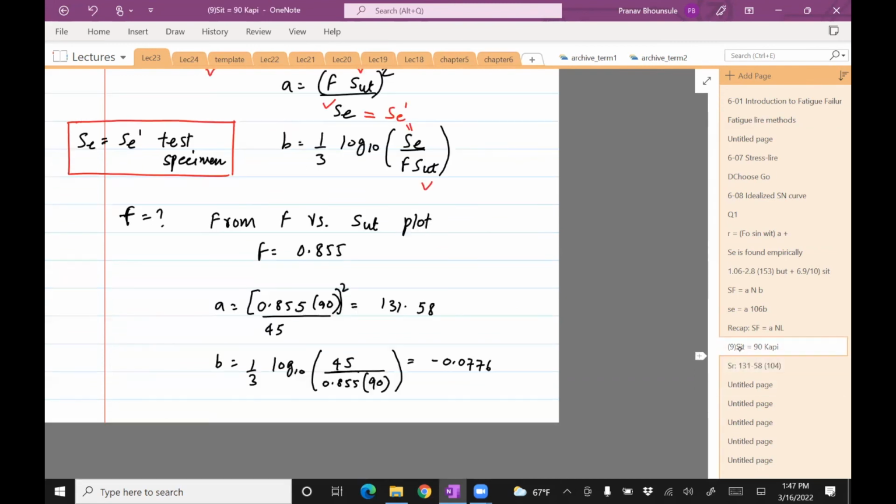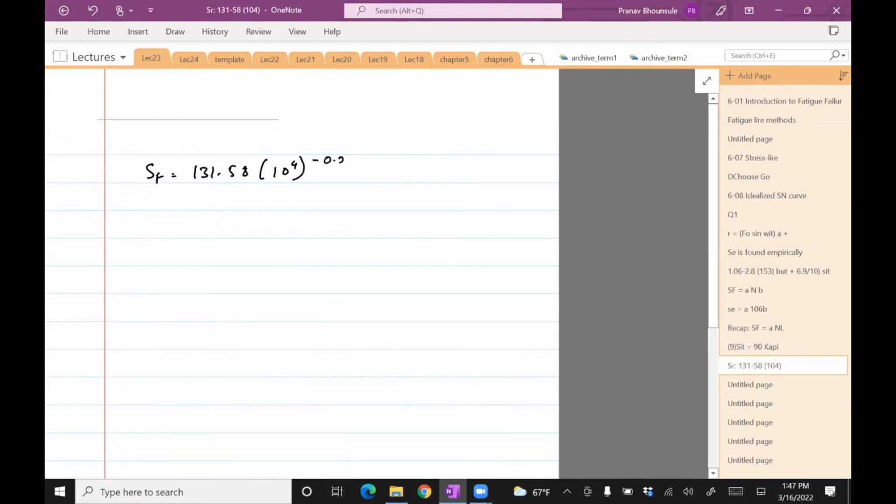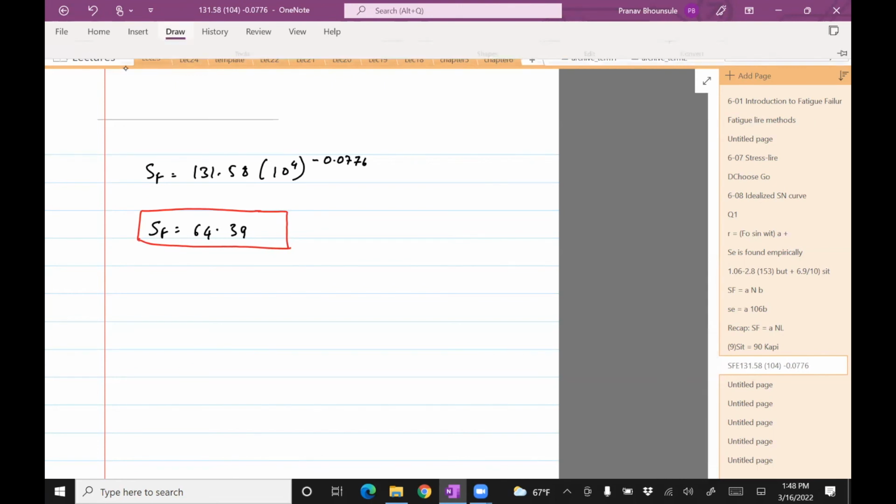B we computed, so that's minus 0.0776. The answer is 64.39 kpsi.